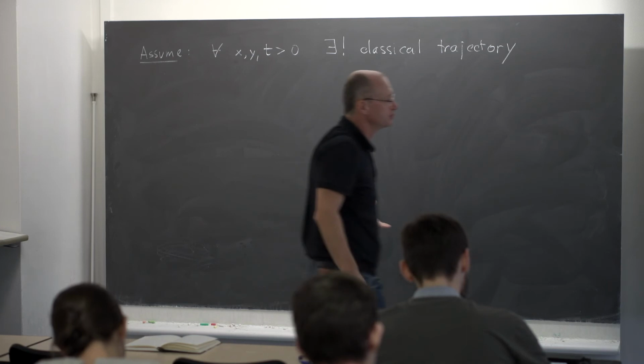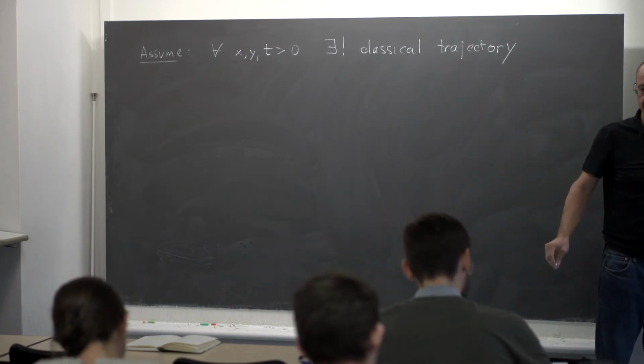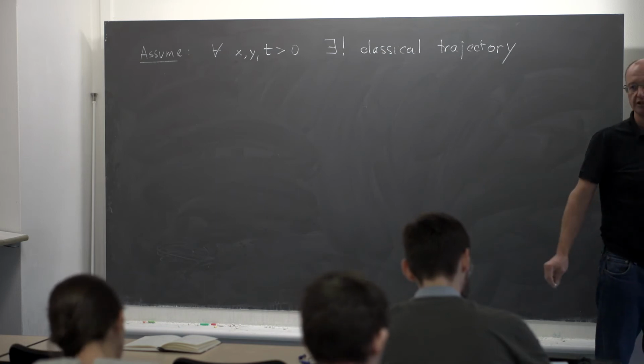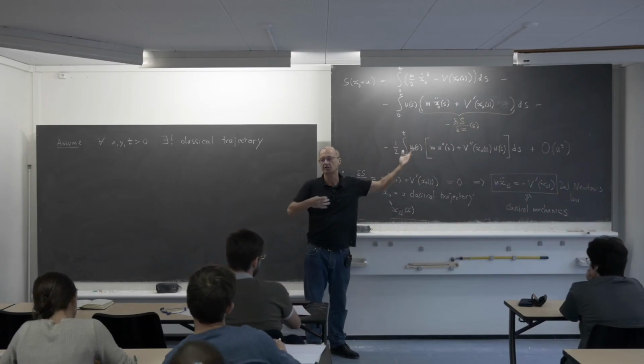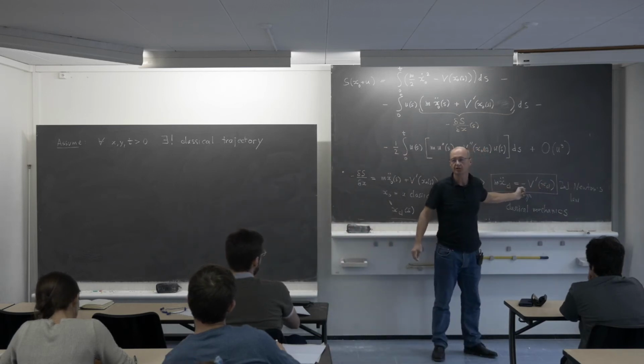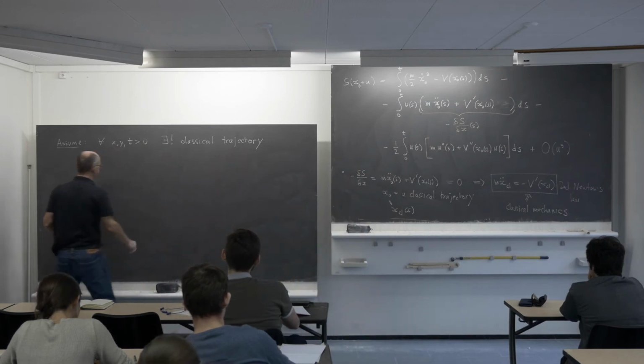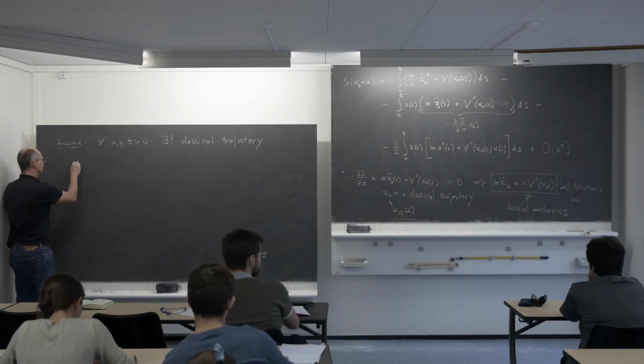Right? Because in principle, and this does happen, we can imagine that there are many solutions to this equation which start at y and at x in time t, right? But now let's assume that there is always only one. So this is an assumption about the system.